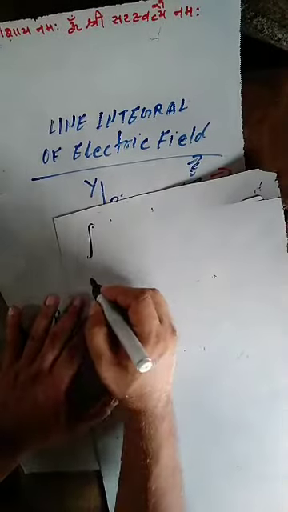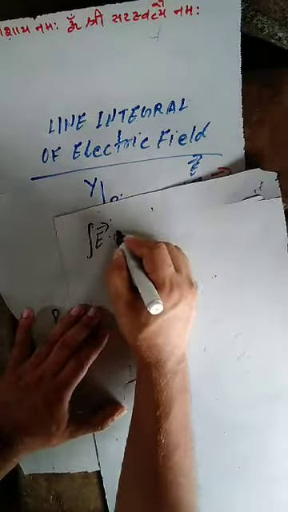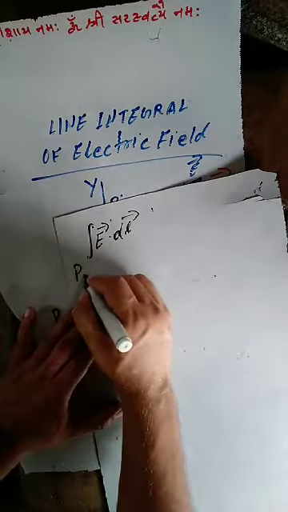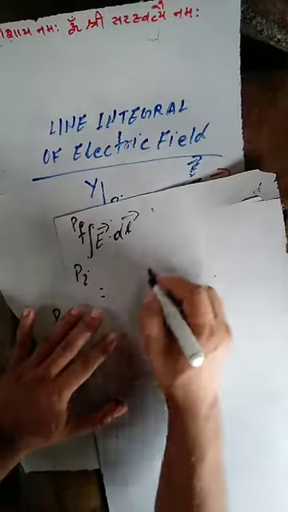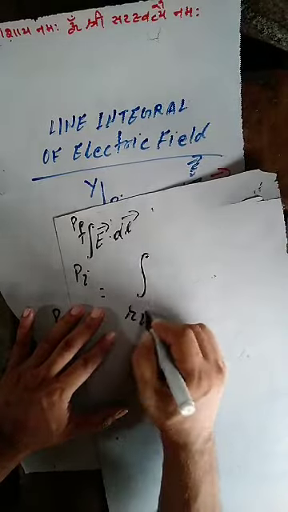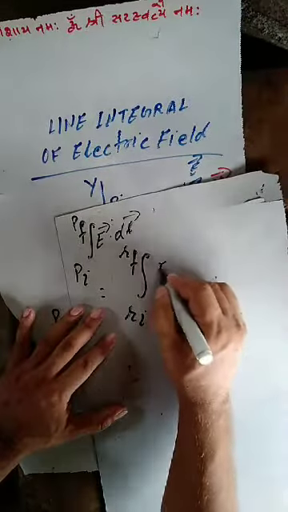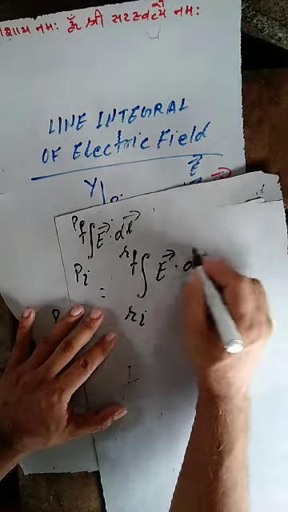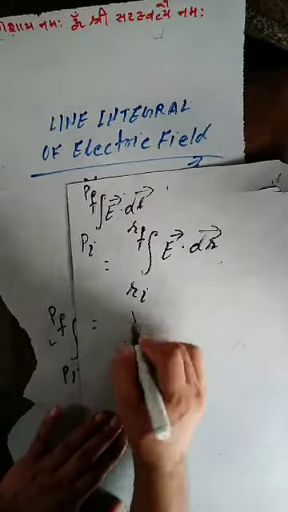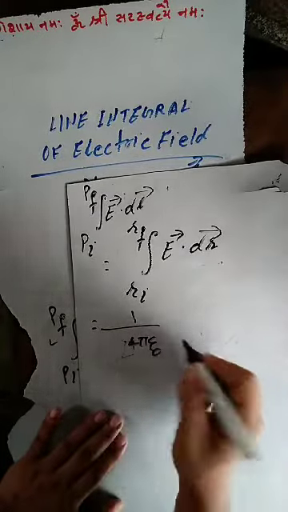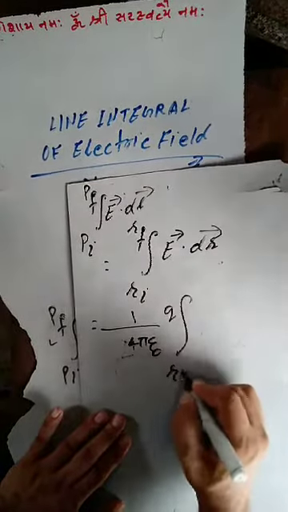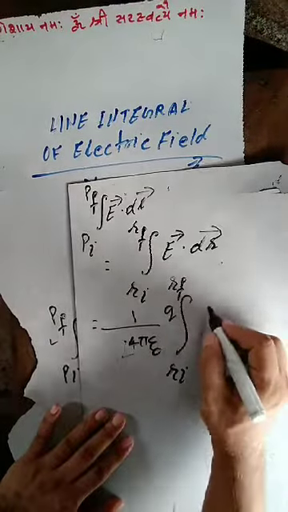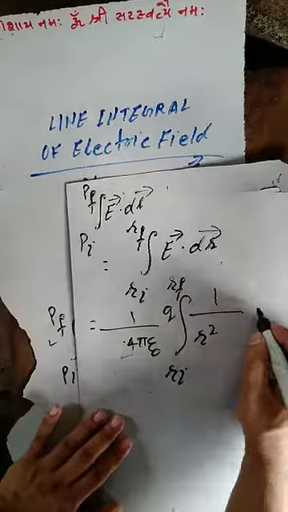That is, line integral of electric field from Pi to Pf will be actually from ri to rf vector E dot dr, and this will be 1 by 4 pi epsilon naught q integral from Ri to Rf of 1 by R square dr.